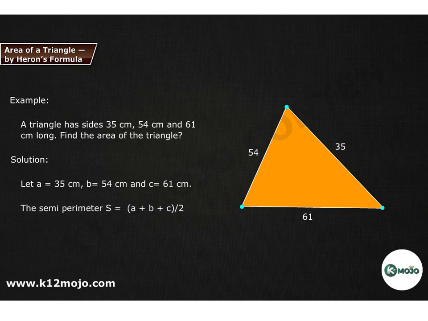The semi-perimeter S is (A plus B plus C) by 2, which is equal to (35 plus 54 plus 61) by 2, which is equal to 150 divided by 2, which is equal to 75 centimeter.